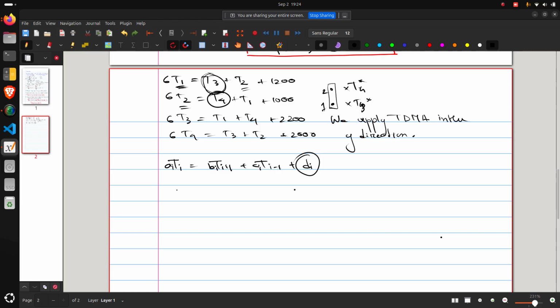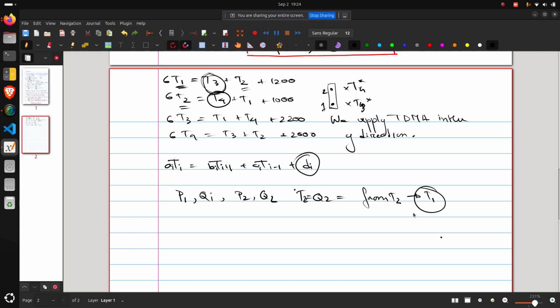So we'll first calculate P1 and Q1, then we'll calculate P2 and Q2. Then Q2 will become T2. From T2 we'll get T1, and we are done with the TDMA in the first column, right? So let us do that.